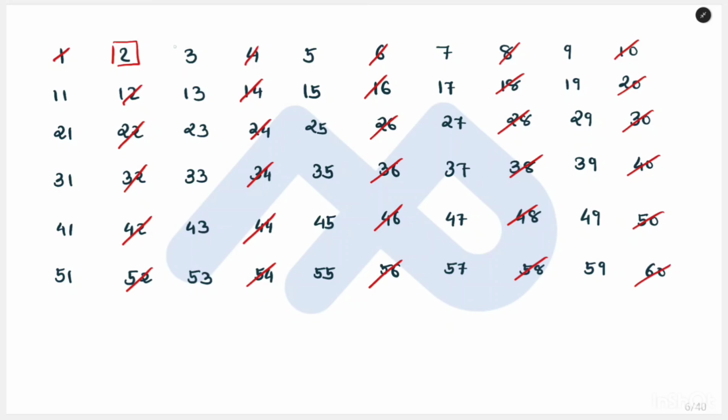Okay, next is 3. Yes, it is a prime number. So all the multiples of 3 are removed from this list because 3 is one of their factors. So one, the number itself, as well as 3, at least 3 factors they must have. So let's remove them, they are not prime numbers.